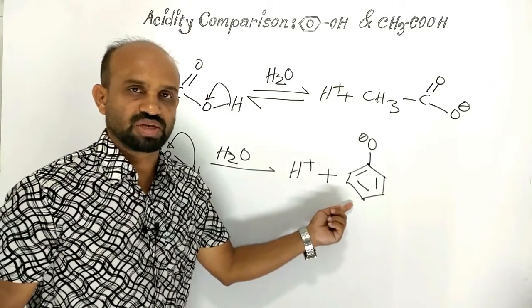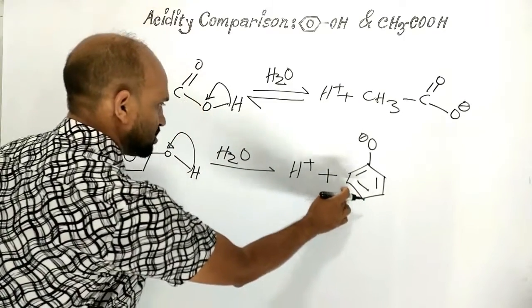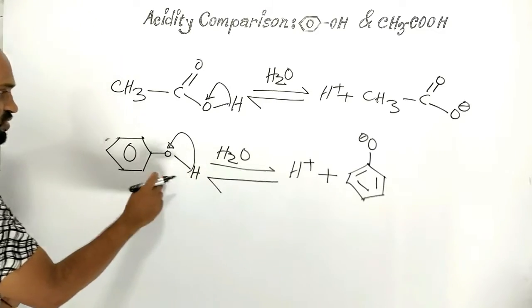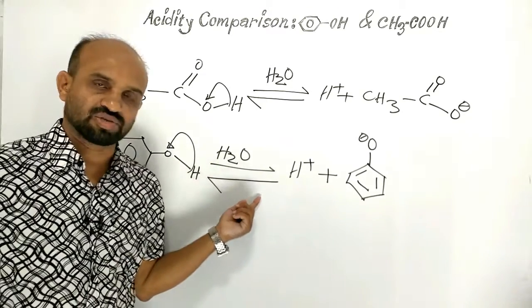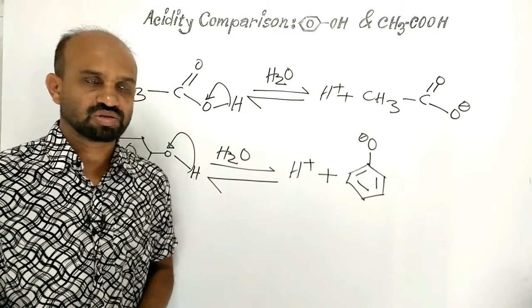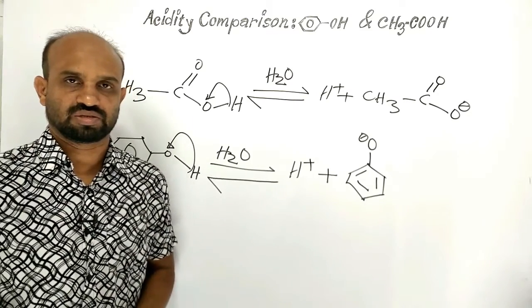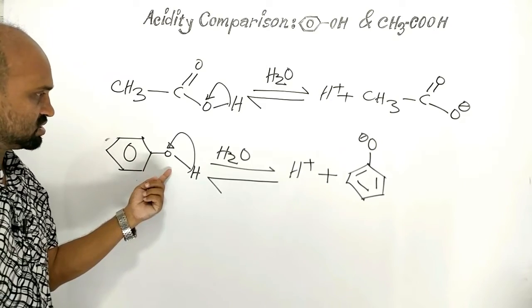This is also a weak acid, so this phenoxide ion combines with a proton to form phenol again, and in this case as well equilibrium is established because these acids, acetic acid and carbolic acid, are weak acids.